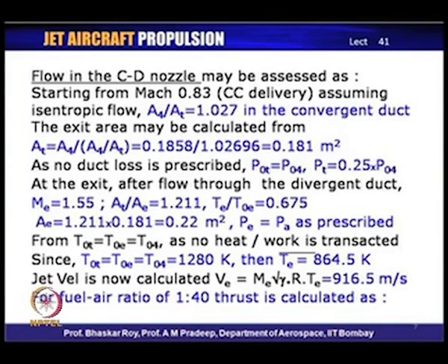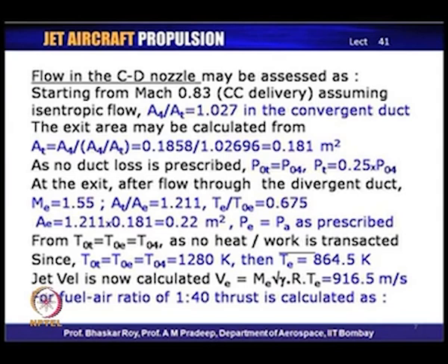Now, if you take the ramjet flow coming out through a CD nozzle as prescribed, the first option was the CD nozzle, which promotes full expansion through the nozzle to ambient condition. Now, starting with Mach 0.83, which is the combustion chamber delivery Mach number, an isentropic flow is assumed.